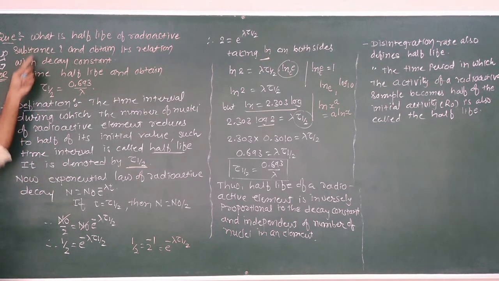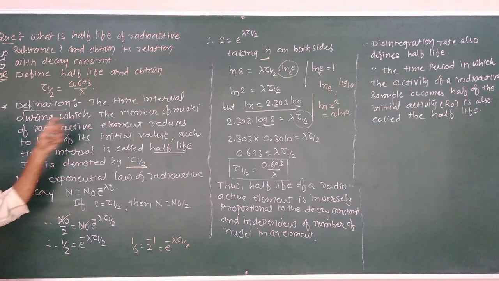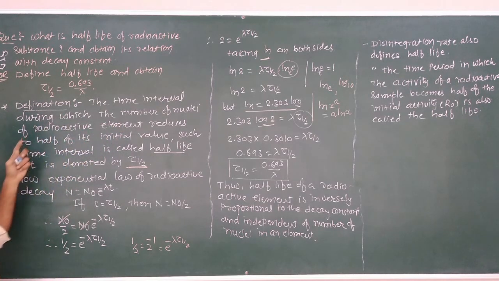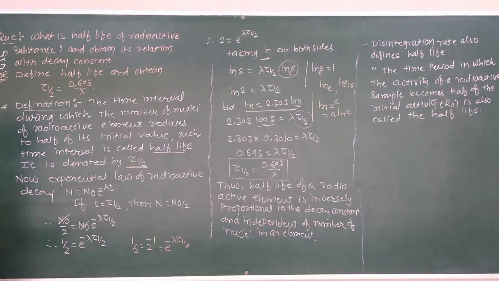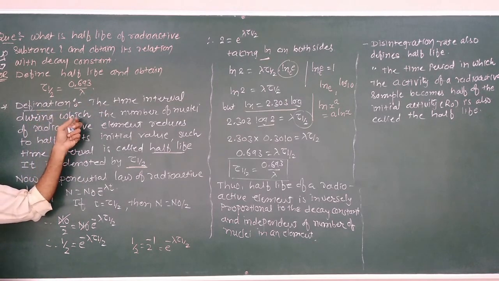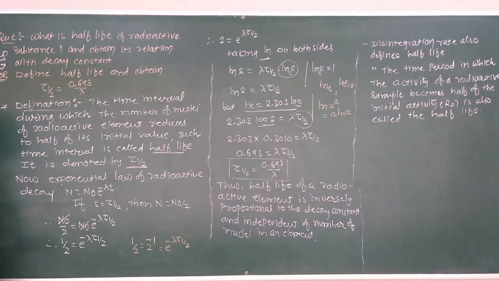So first, the definition of the half-life: the time interval during which the number of nuclei of a radioactive element reduces to half of its initial value. Such a time interval is known as the half-life, and it is denoted by τ half.